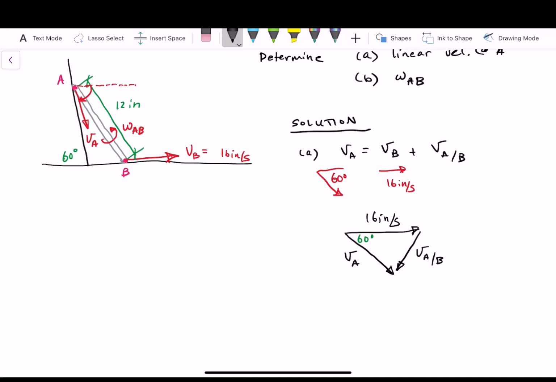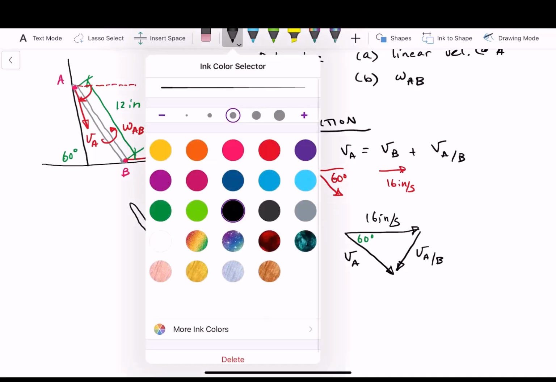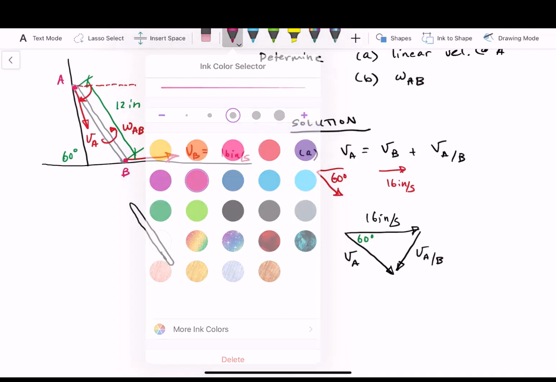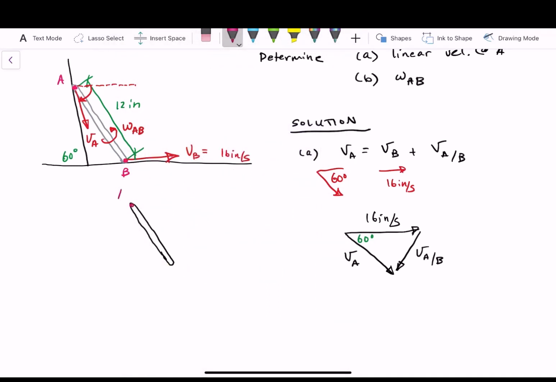So what I'm going to do is I'm going to just draw out that linkage again. Okay, and remember VA with respect to B is like you're positioning yourself at B, and VA is then rotating about that point. So that means that, okay, this is A here, this is B here.